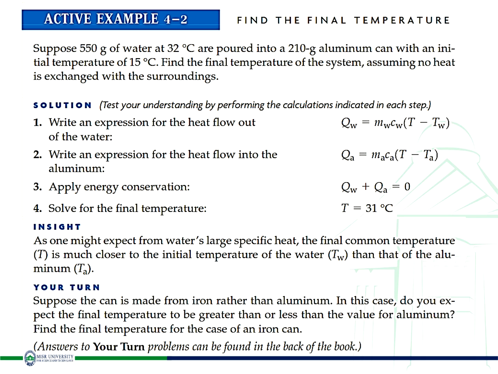Let's quickly verify that with the numbers, using C iron equals 448 J/kg·K: 0.550 kg × 4186 J/kg·K × (T − 32) + 0.210 kg × 448 J/kg·K × (T − 15) = 0. That gives 2302.3(T − 32) + 94.08(T − 15) = 0. So 2302.3 T − 73,673.6 + 94.08 T − 1411.2 = 0, which gives 2396.38 T = 75,084.8.